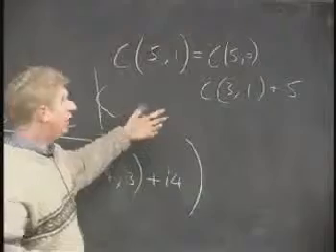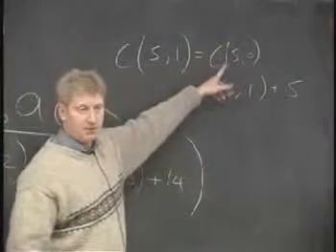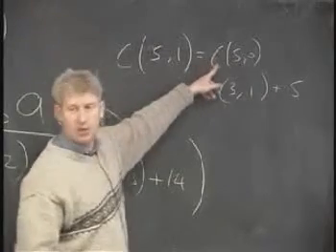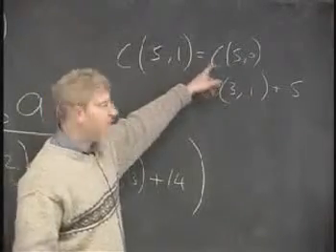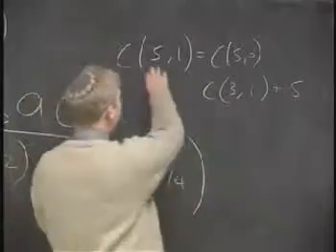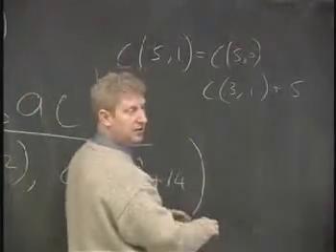Now I have to know that this one is worth nothing. If I'm not going to use the box at all, I get 0. So this one will never be chosen as the maximum. So C of 5, 0 should be a base case, and it stops me. So C of 5, 1 turns into C of 3, 1 plus 5.